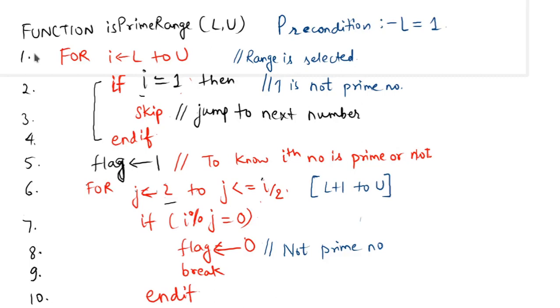This is the pseudocode. Let us get the time complexity for this approach. For the first instruction, the for loop starting from 1 to u, it will be executed u times.